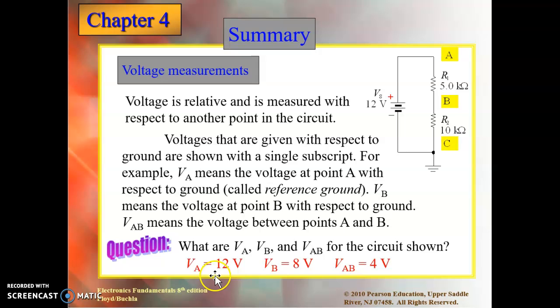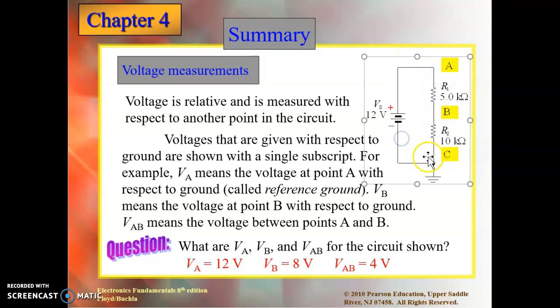It's 12 volts, right? Now how do I find VB? For VB, I have to go from here to the ground here, where I can go from here to here to here to here. So it's easier to go from here to here. So how do I do that? I have to find the voltage across R2, which is going to be called VB. So use the voltage divider: 10 divided by 15 times 12, I get 8 volts.